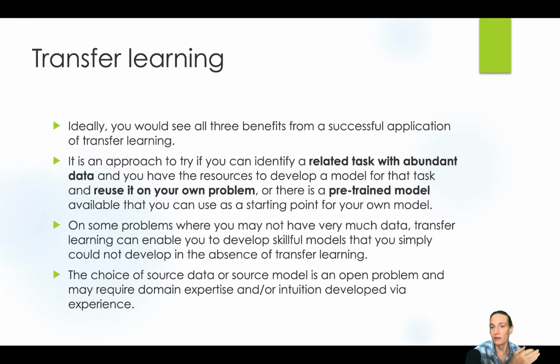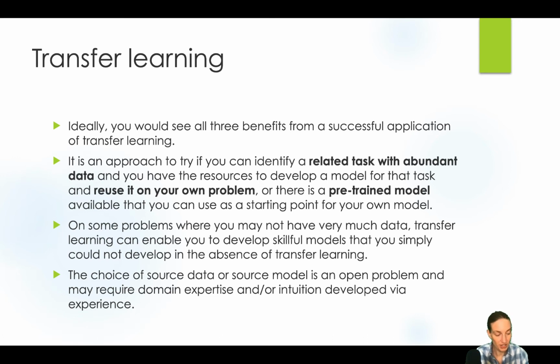Okay. So to get this, we can try to identify a task that has lots and lots of data, that maybe already has a trained model on it, especially for that data, and that you could sort of use this pre-trained model for your own problem. Okay.